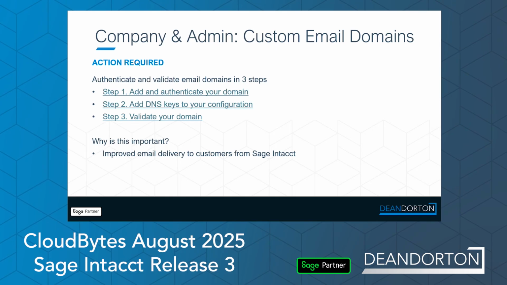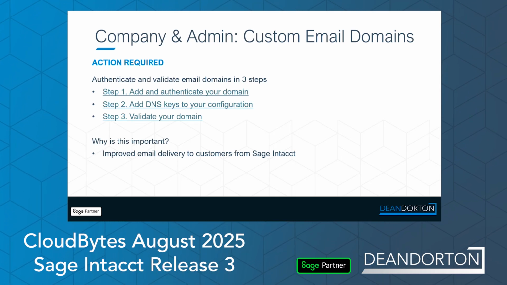One thing to think about, and I know some reminders on this before, but custom email domains. If you want to get that custom email domain set up in your system, authenticate and validate email domain in 3 easy steps listed right here. We're more than happy to help you with any of this type of thing that you need to set up in your environment. You can always give us a call or send us an email. But this is important because it can improve email delivery, right?